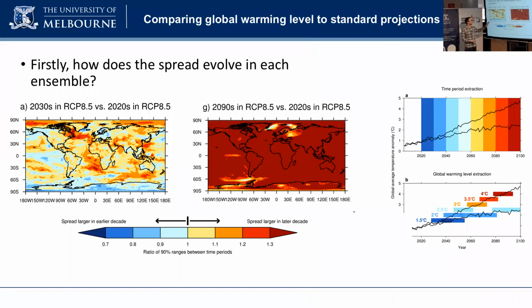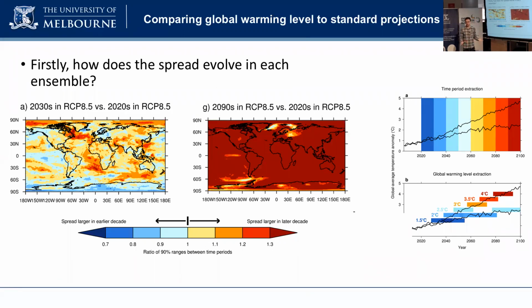So if we compare the 2020s in RCP 8.5 with the 2030s in RCP 8.5, this is the ratio of just the 90% range in annual average temperatures in those two ensembles. So where it's yellow to red, it's higher in the 2030s. Where it's blue, it's higher in the 2020s. So you can see in general, the spread is increasing. And actually, if you take it to an extreme and compare the 2090s with the 2020s, the spread has really increased hugely. And that's not particularly surprising.